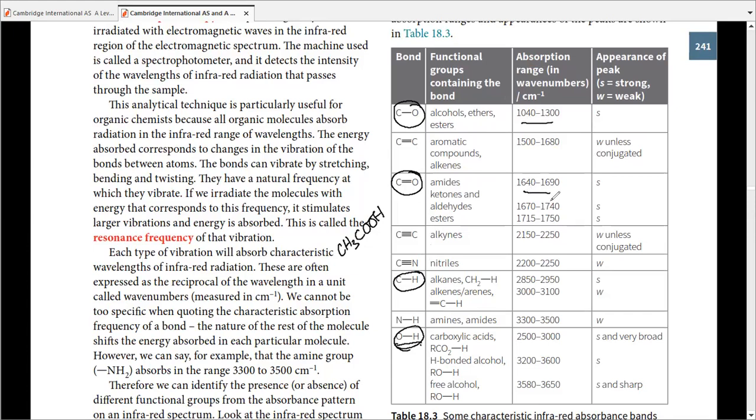I cannot actually go with this one, but I can try and talk about this one. Of course, we're talking about alkanes, and there we go for carboxylic acids. So you have different values for which you're going to get peaks. Some are going to be strong and broad, another strong peak, another strong peak.